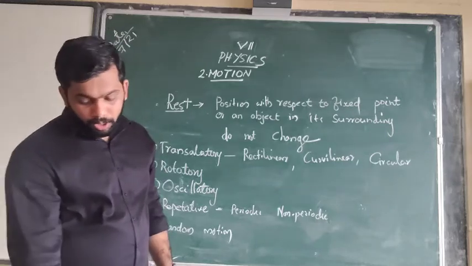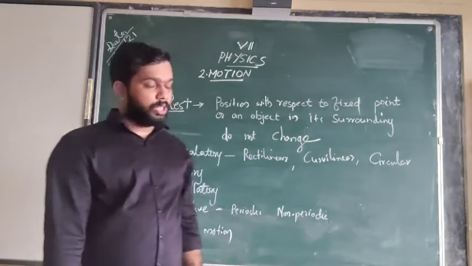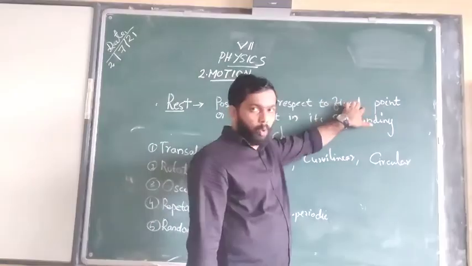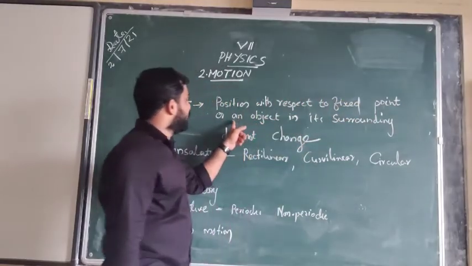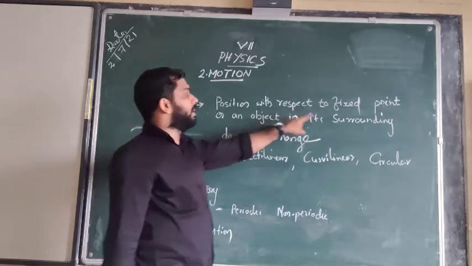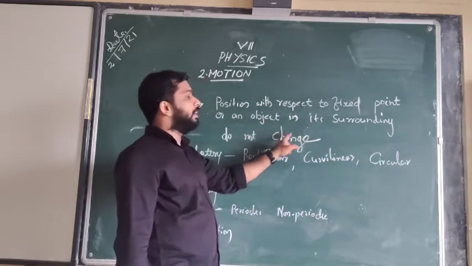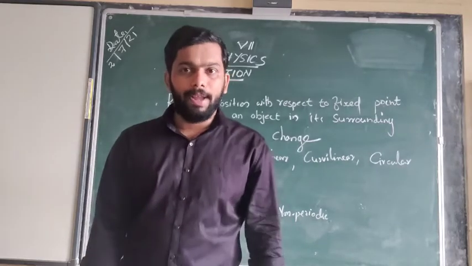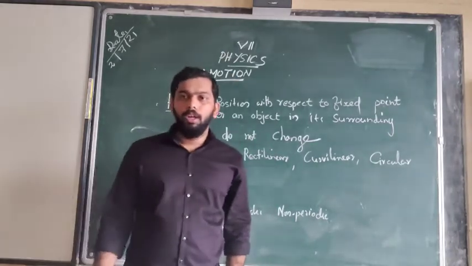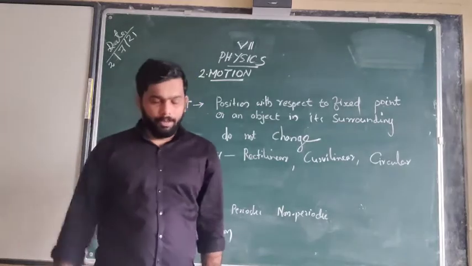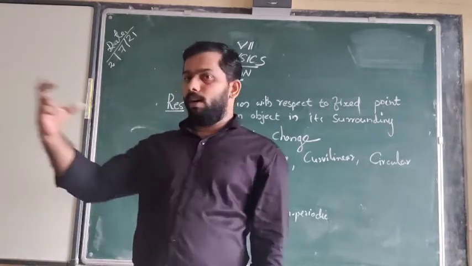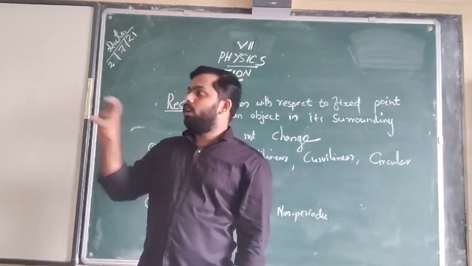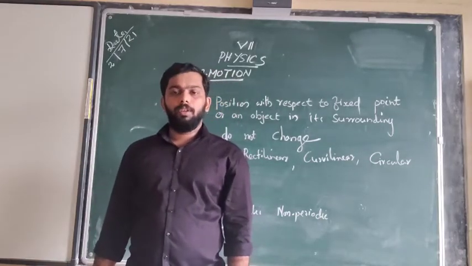So the body is said to be at rest if its position with respect to a fixed point or a fixed object in its surroundings does not change. For example, you are coming by bicycle, right? You park the bicycle somewhere, and from the school veranda you are looking at your bicycle.